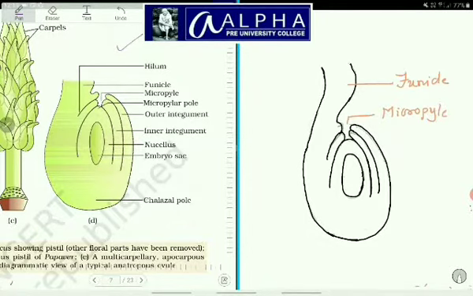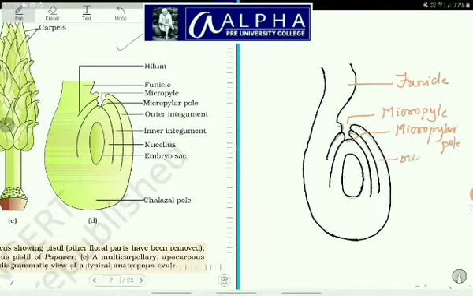This is the micropylar pole. Micropylar pole of ovule, and the ovule has protective layers, coverings, which we call integuments.